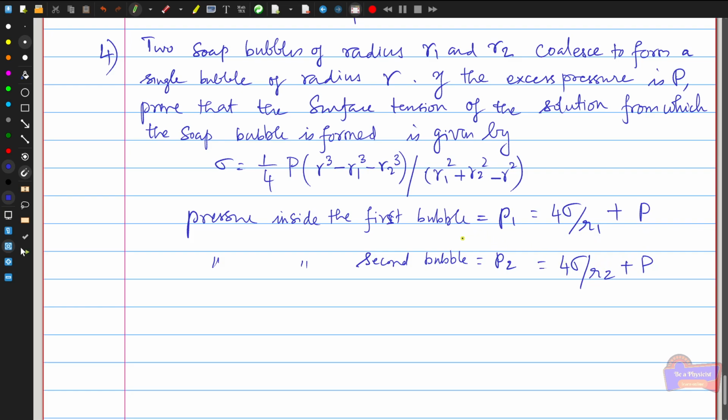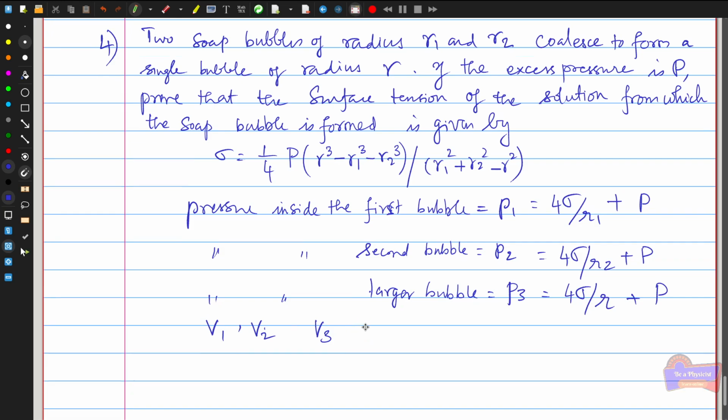Similarly, these two bubbles coalesce to form a single bubble which is larger than these two. The pressure inside the larger bubble can be written as P3, which is given by 4 sigma divided by R, because R is the radius of the bubble, plus the excess pressure P. When we consider this, V1 and V2 are the volumes of the two smaller bubbles, and V3 is the volume of the larger bubble formed.